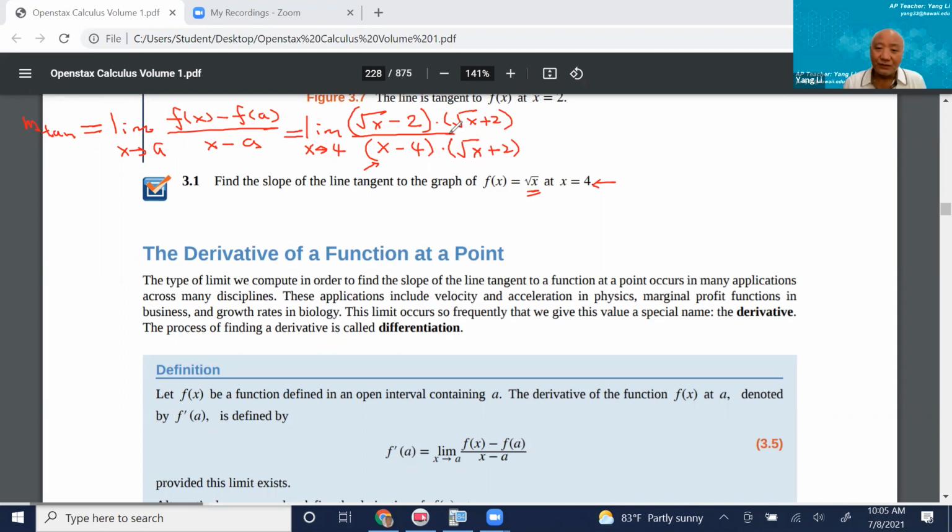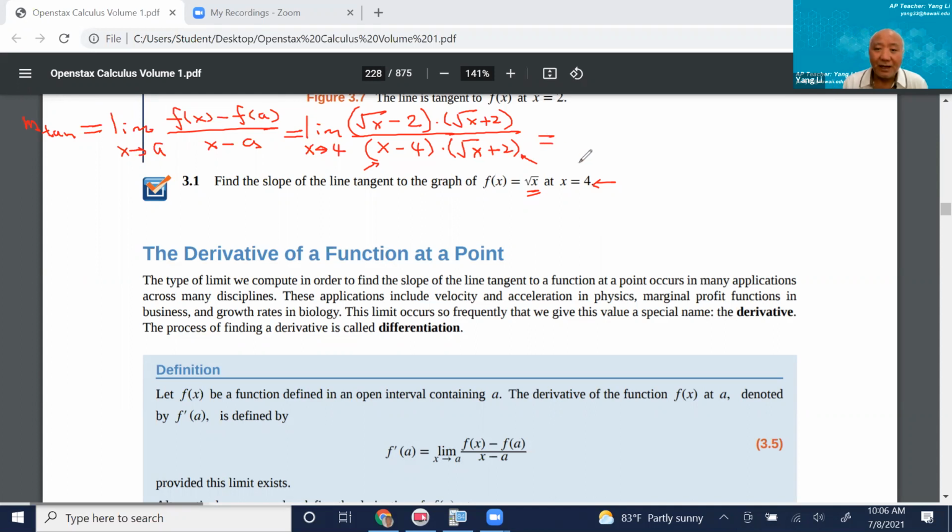We call this one a conjugate, okay? Square root x plus 2 is the conjugate of square root x minus 2. Remember, at this time, we try to get rid of the indeterminate 0 over 0 type of limit. We try to times both numerator and denominator by the conjugate of this numerator, okay? Sometimes you need to times by the conjugate of the denominator, depending on the case, okay?